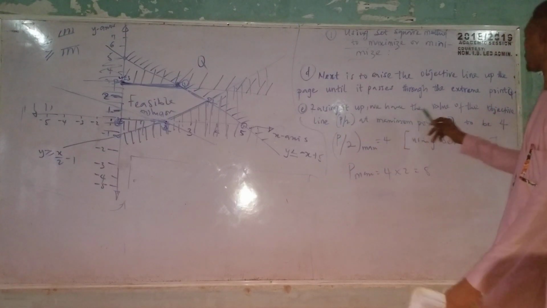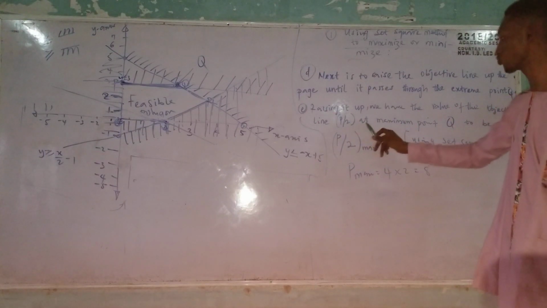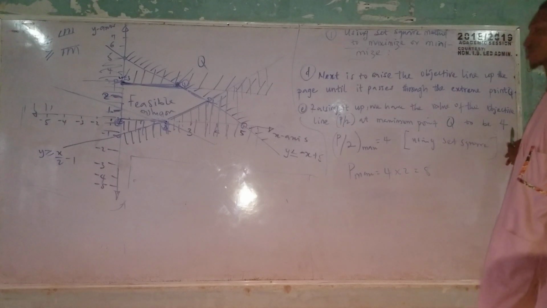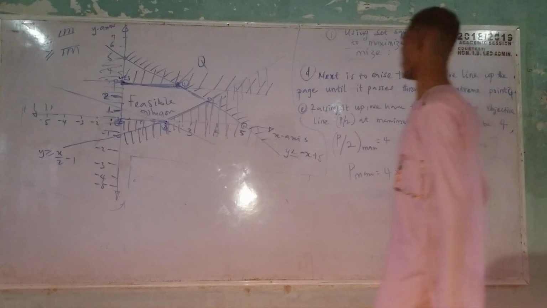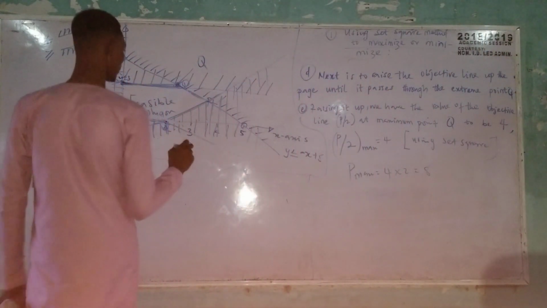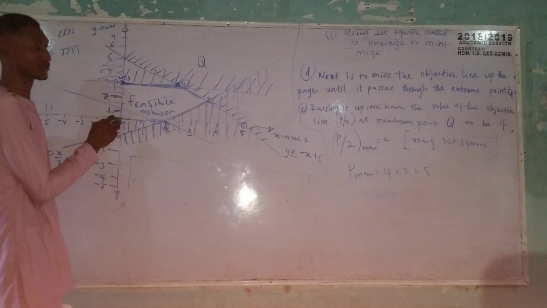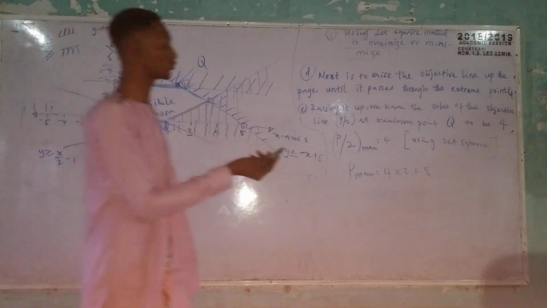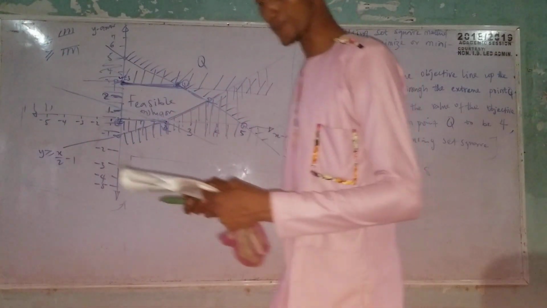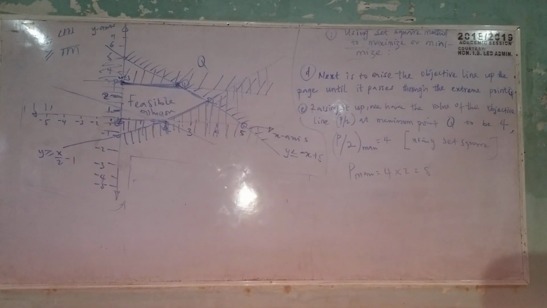Raising it up, we have the value of the objective line P over 2 at maximum point Q to be 4. So it will really touch 4. Then you say P over 2 max equal to 4. A pictorial view, a diagrammatical view of this plane, we're going to have something like this.